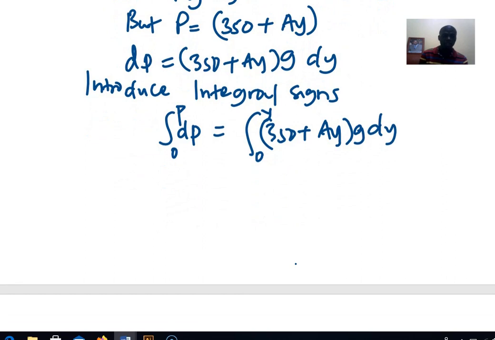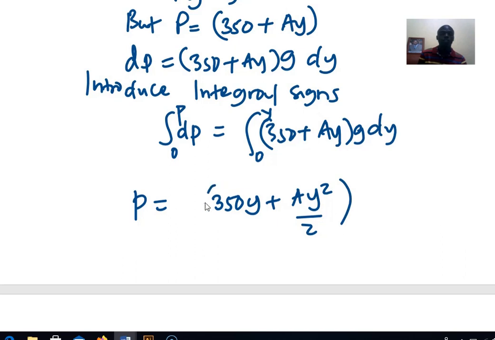What will it give us? It will give us P, which is equal to, if we are integrating, we increase the power by 1 and divide by the new power. So this will be 350 y plus A y squared over 2, into g, from 0 to y.